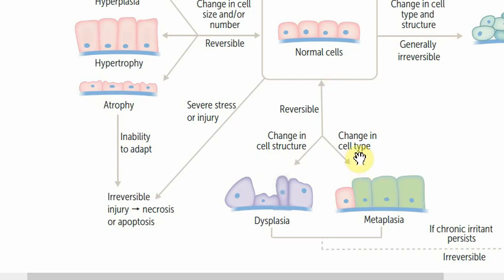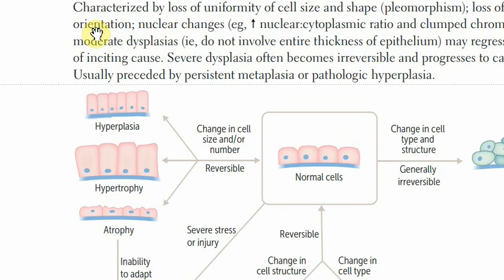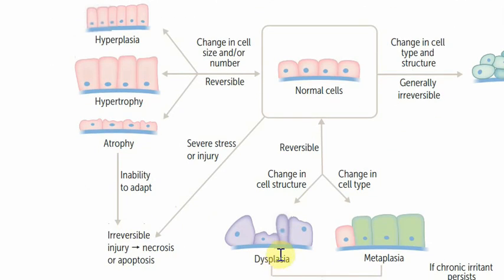That was an example of change in the cell type. That's metaplasia. While when we spoke about the cervix, we had normal cells that changed in shape and structure, increased the nuclear cytoplasmic ratio, and changed in orientation, which is where the nuclei are located. Also pleomorphism. So this is dysplasia.